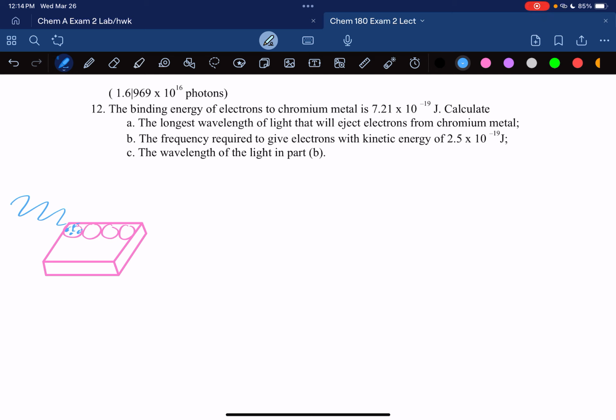Shorter? Remember, wavelength and frequency are inversely related. The higher the frequency, the higher the energy. When we say minimum energy, it's going to be low frequency, meaning long wavelength. That's why they say the longest, meaning the minimum energy.